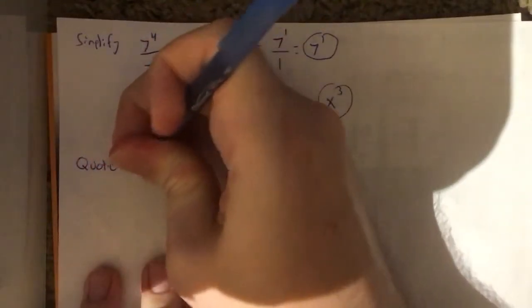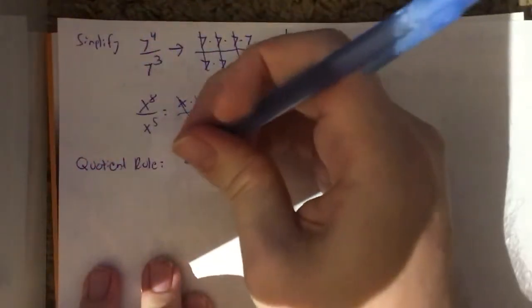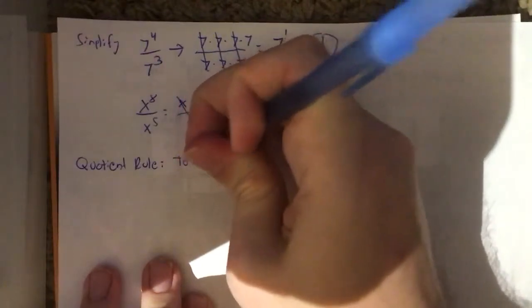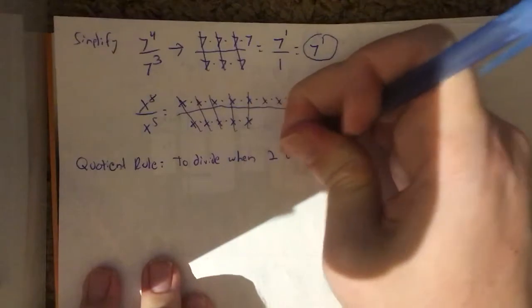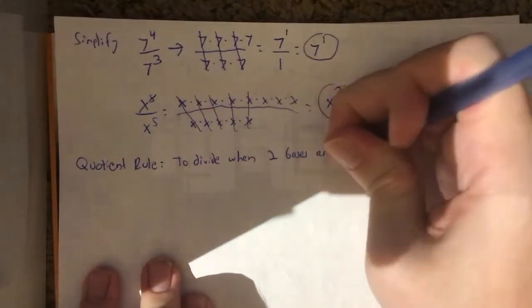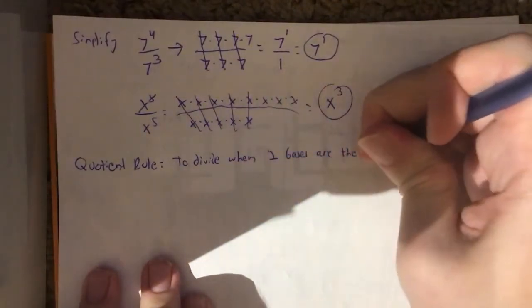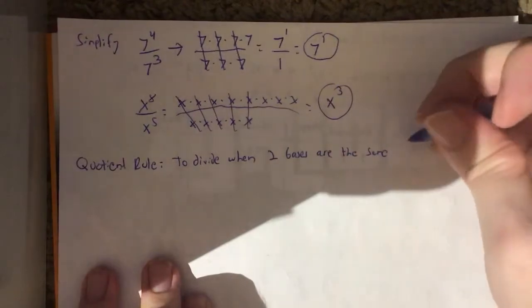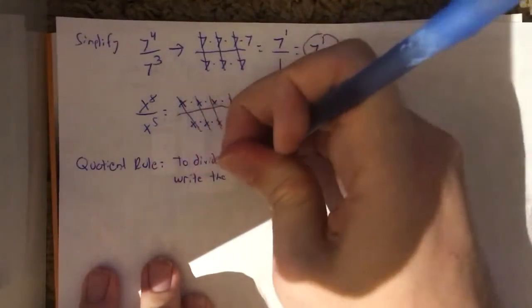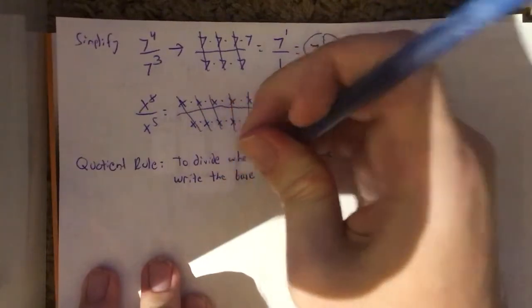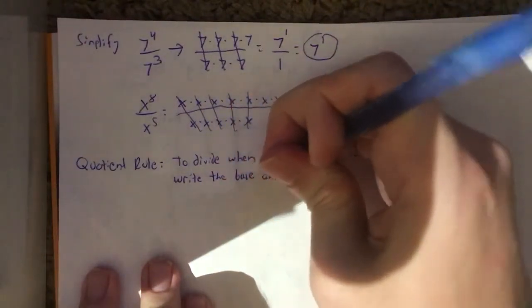So my quotient rule states: to divide when two bases are the same, write the base and subtract the exponents.